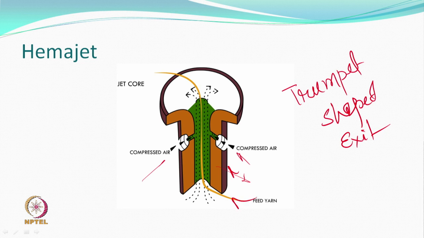So, yarn could be fed from here, a multi-filament yarn, the air will go from here to here, the chances of this going backwards are very less, because the angles are pointing in the direction of the exit.